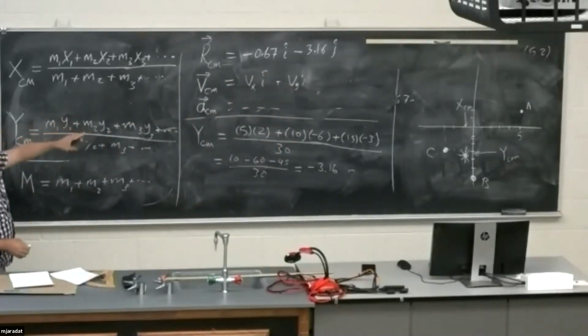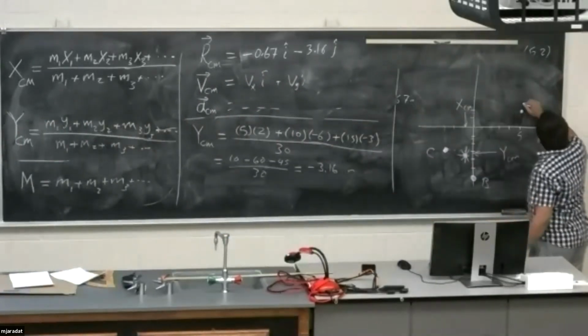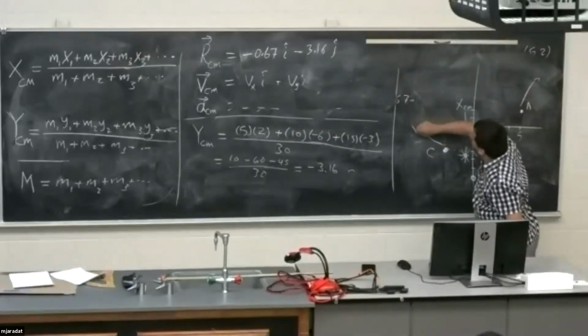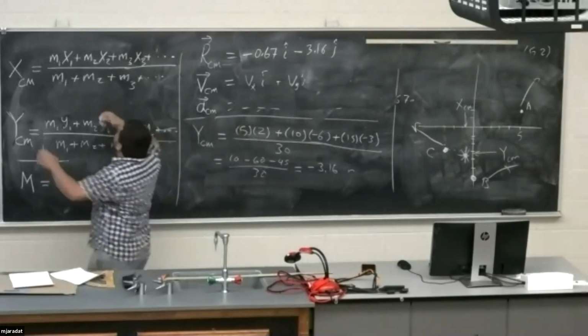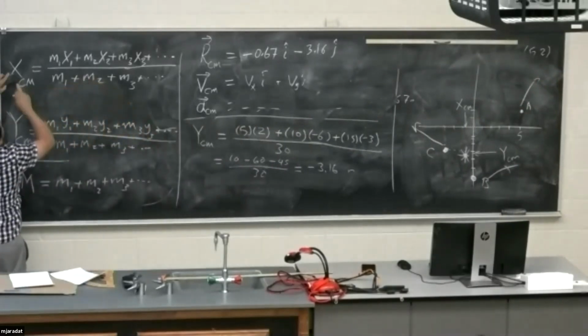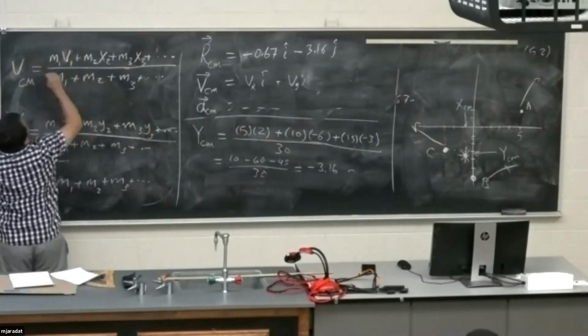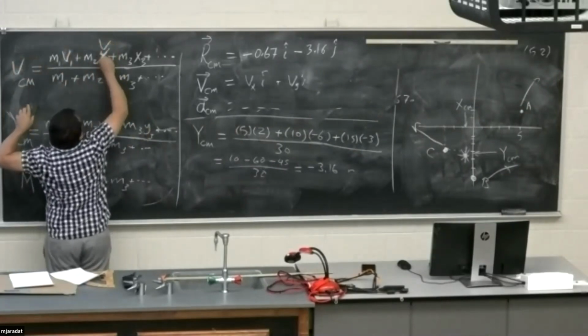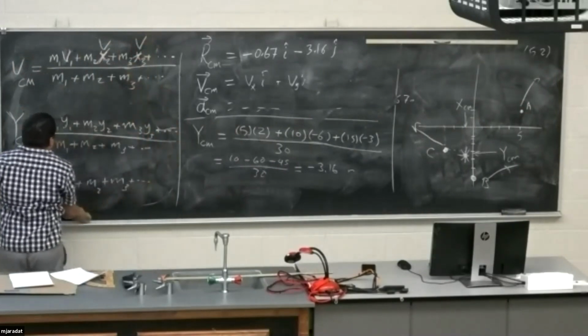If you need to find the velocity, it's simple. If I give you a velocity for A, a velocity for B, a velocity for C, you need just to change from X to V. Also in Y direction, the same.